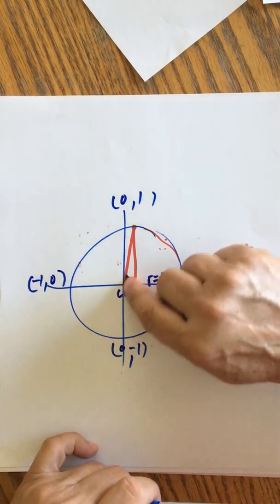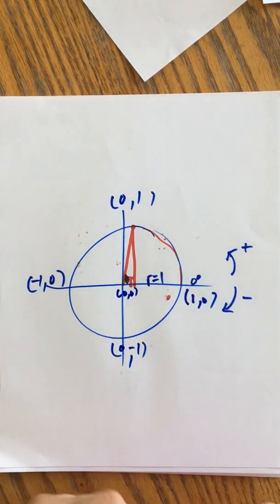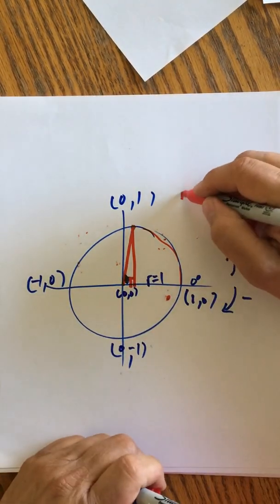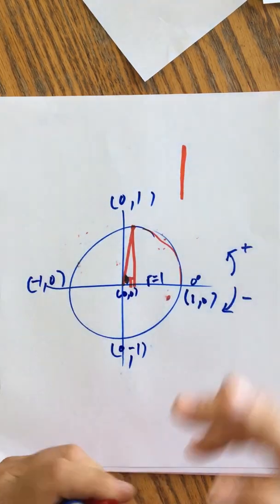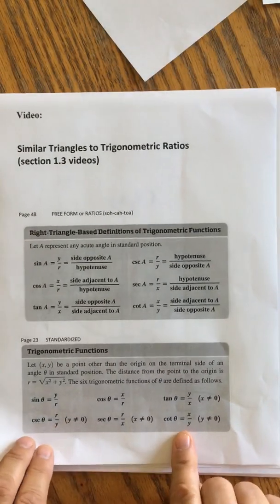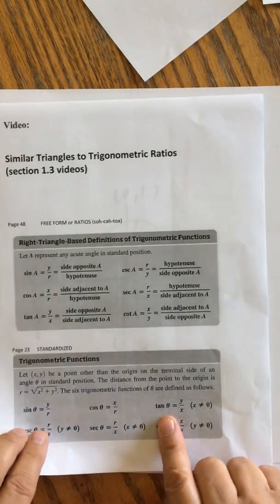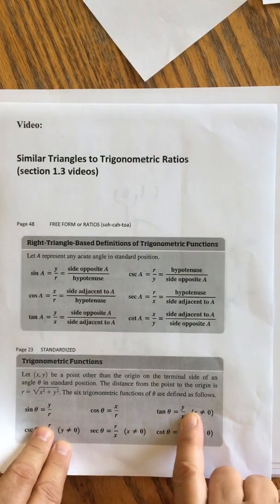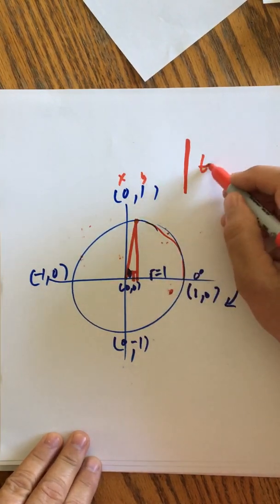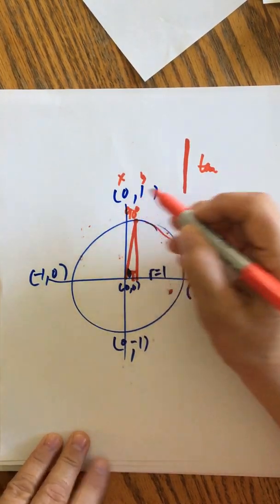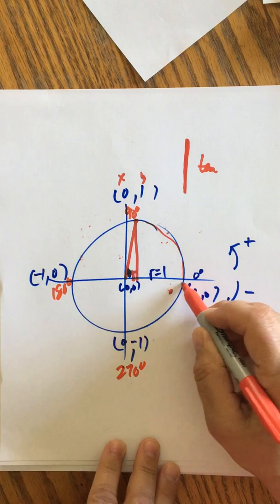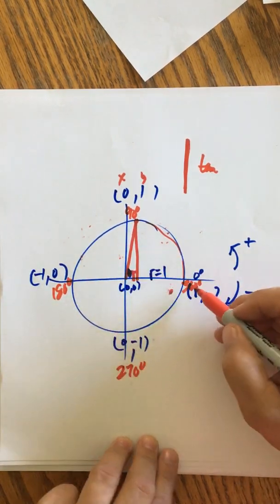Well, as I keep rotating, you can see that this triangle is getting slimmer and slimmer. Eventually, you have a triangle that doesn't really exist, but it's like a vertical line. So if you look at the definition of tangent, what you'd have is y over x. When I say tangent of 90 degrees, here's 0, 90, keep going, 180, 270, and finally back at 0, but having done one revolution, 360.